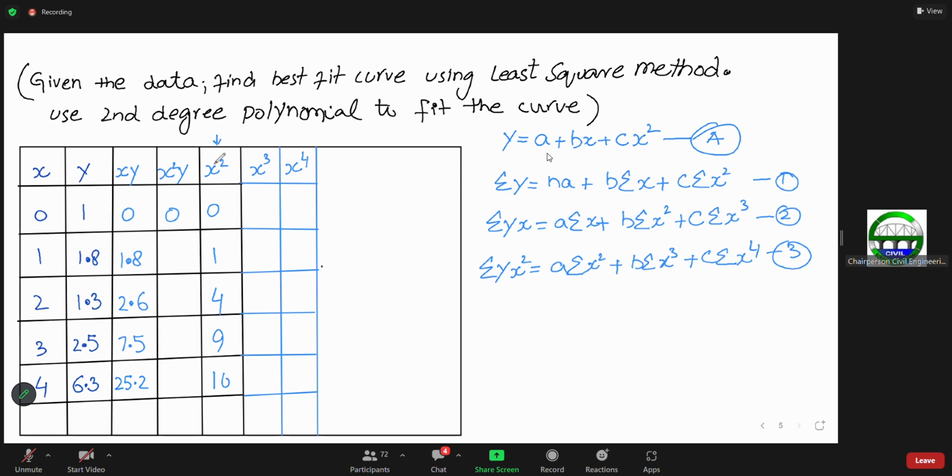Now x squared and this y, multiply these two. 0 into 0, this one is 1.8, this one and this one, how much? 5.2, this one and this one, 22.5, and this one 16 into 6.3, 100.8.